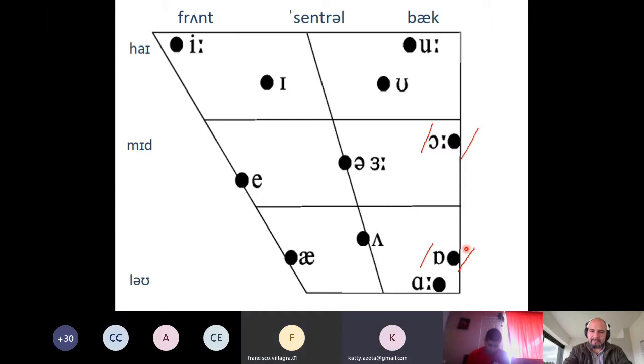Okay, sounds good to me. I don't know if the rest agrees or has a different perception. Yes, I agree. Okay.